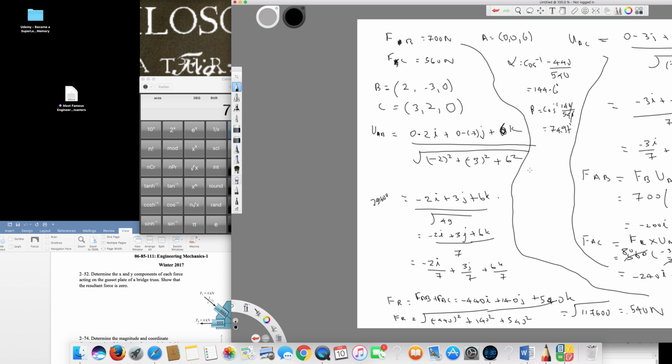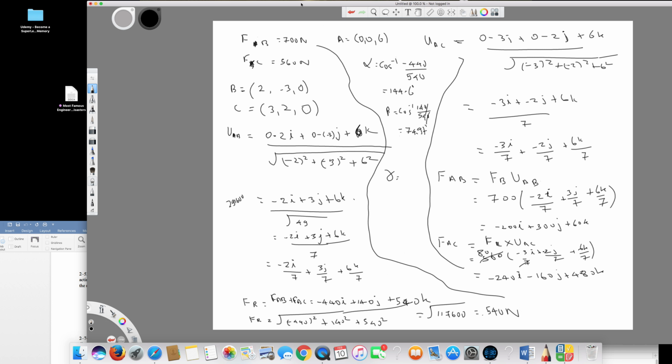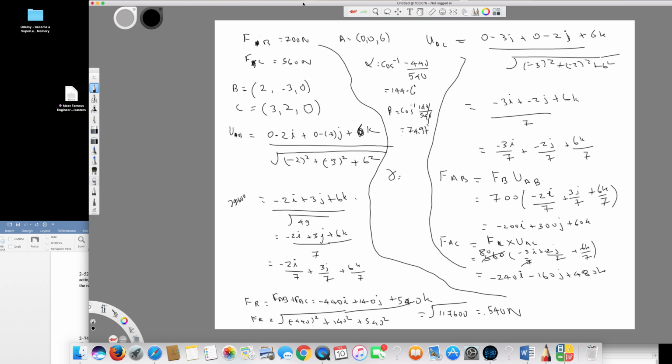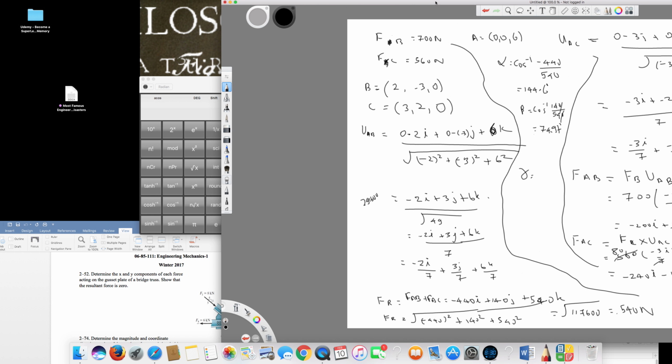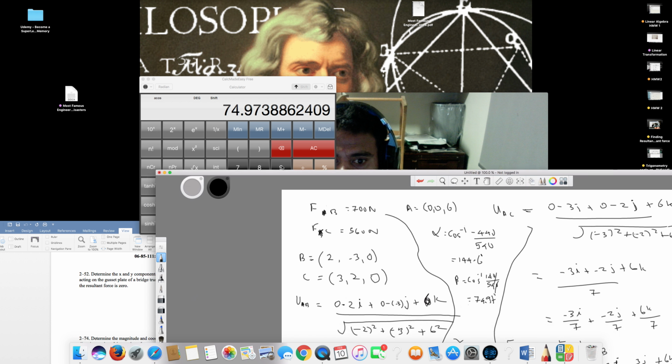Now I have to find gamma. Gamma is going to use the k component. The k component is 540. So 540 divided by 540, cos inverse.